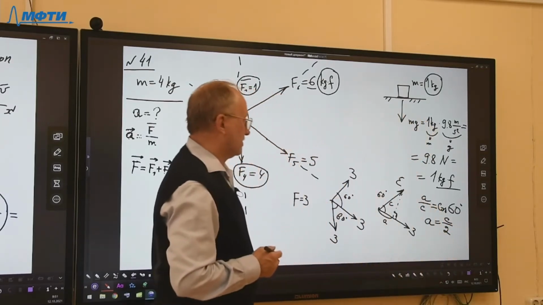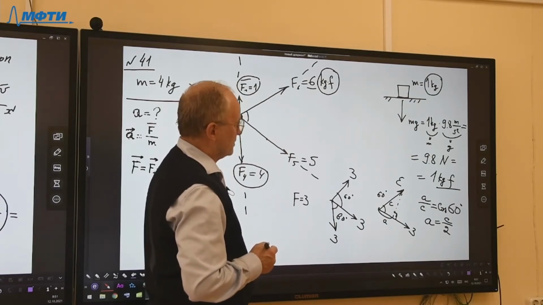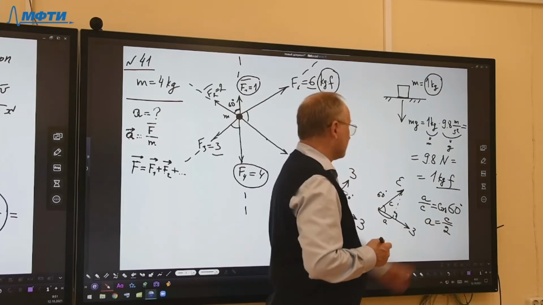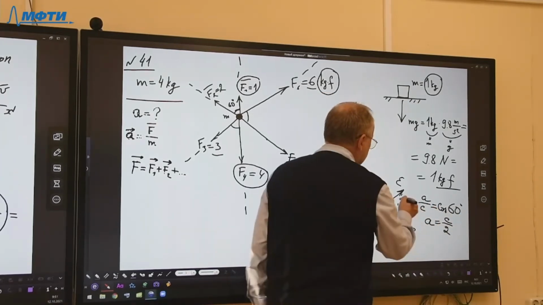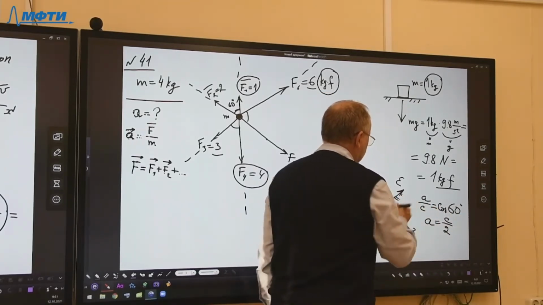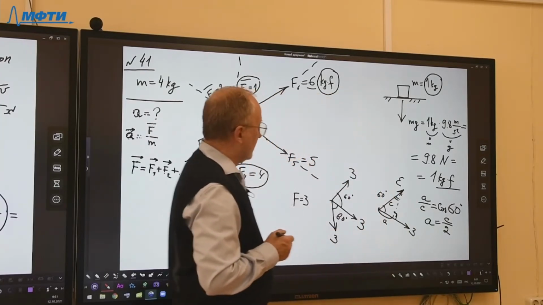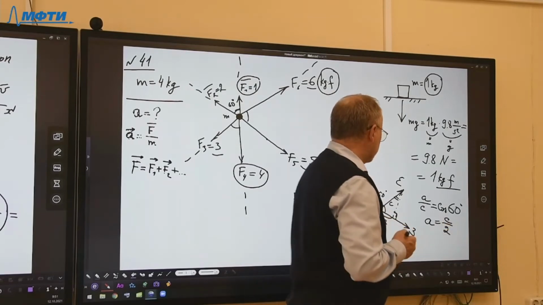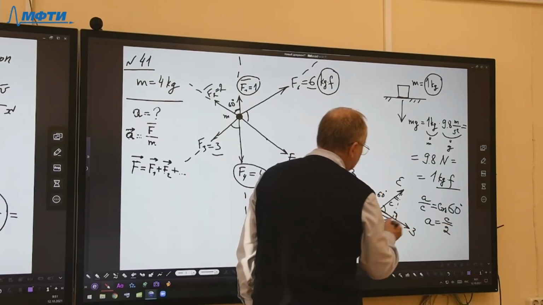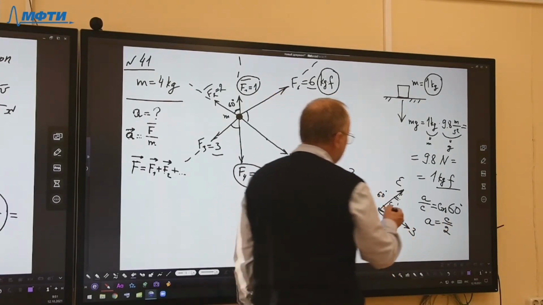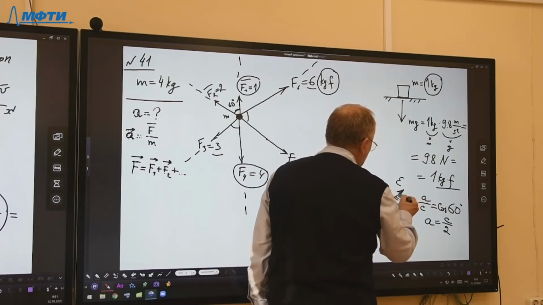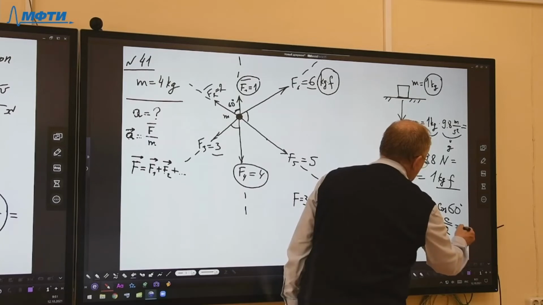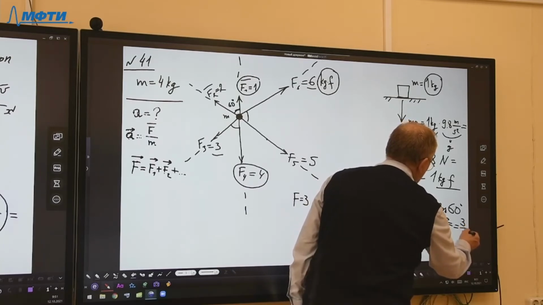We know the value of this trigonometric function: cosine of 60 degrees equals sine of 30 degrees. This is the angle of 30 degrees, and the sine of 30 degrees is 1/2. So we can easily calculate the length of this leg. It will be half the length of this side, which is 3. So this will be 3/2.